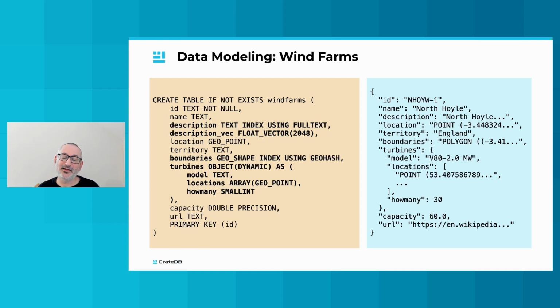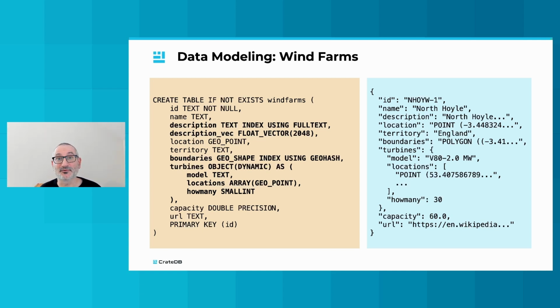Inside the same table, I've got a field called turbines. That has an object dynamic type. So that basically tells CrateDB to expect an object there. And by dynamic, we mean the schema isn't necessarily fixed. So here I'm describing a bit of the schema for this object. We're expecting a model for the turbines, and that'll be text.